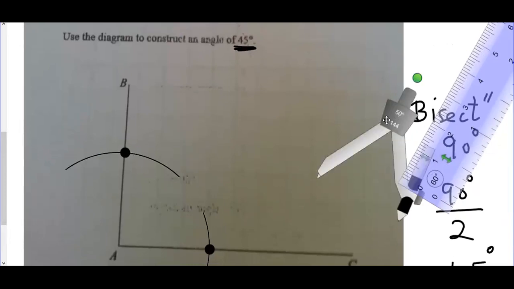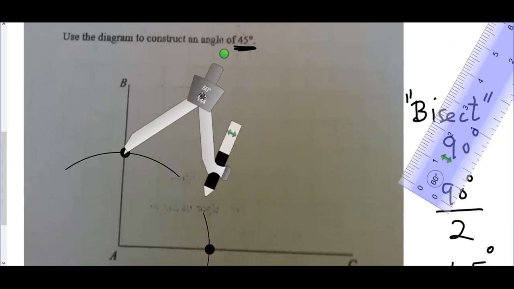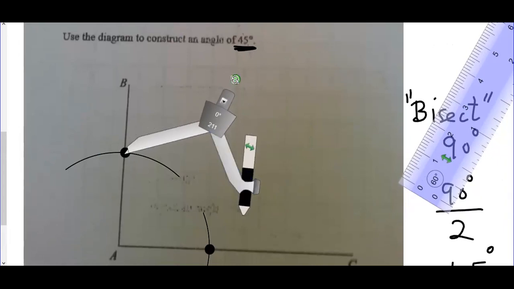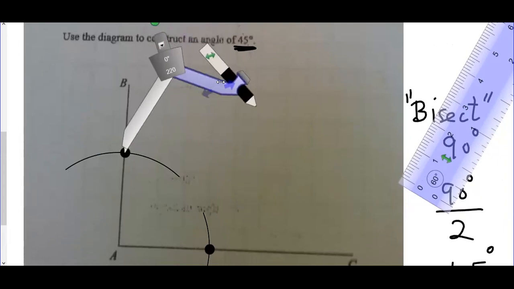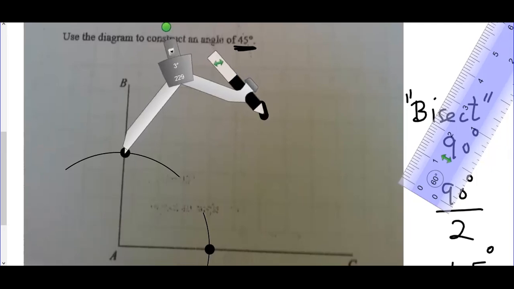Put it somewhere there. You can try to open this compass a bit wider than previous, and then go ahead drawing an arc.